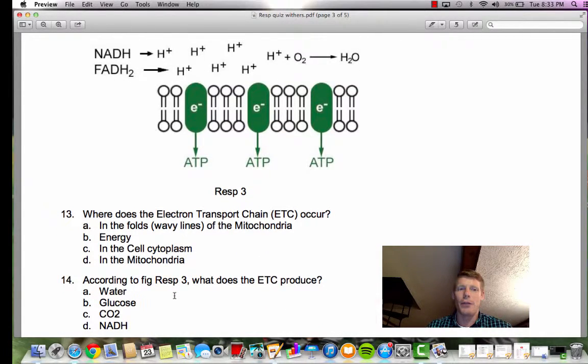All right, number 13. We're on the electron transport chain now. Where does the electron transport chain occur? A, in the folds of the mitochondria, B, energy, C, in the cell cytoplasm, or D, in the mitochondria? So where does the electron transport chain, ETC, occur? What's this area called?